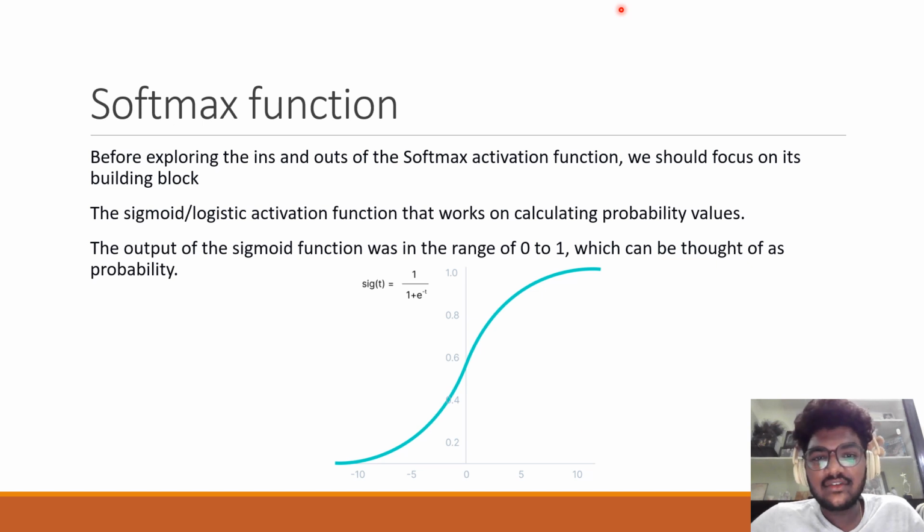The main advantage of using softmax is the output probability range. The range will lie between 0 and 1, and the sum of all probabilities will equal 1.